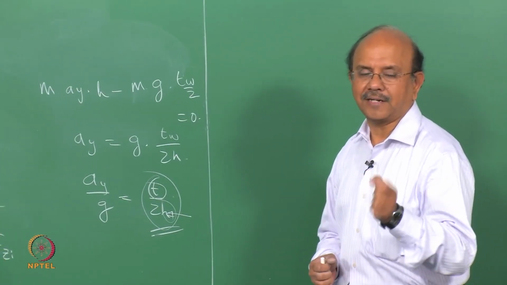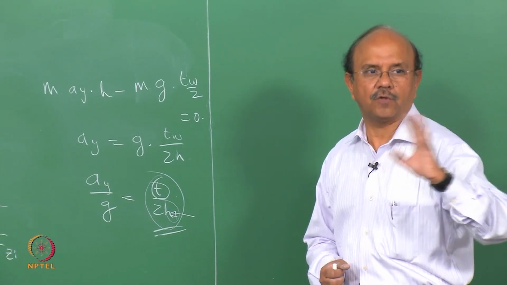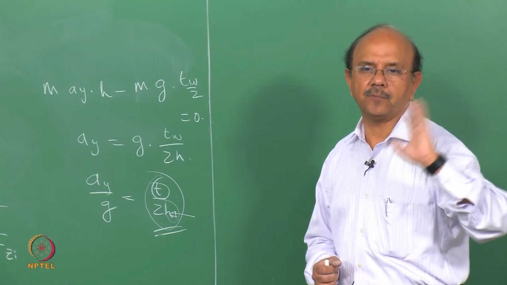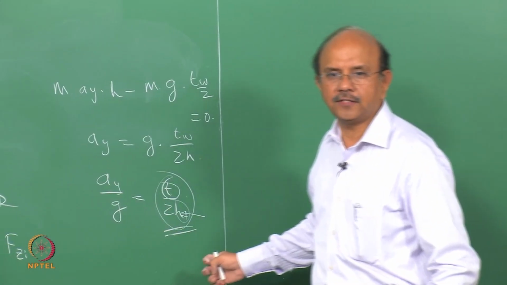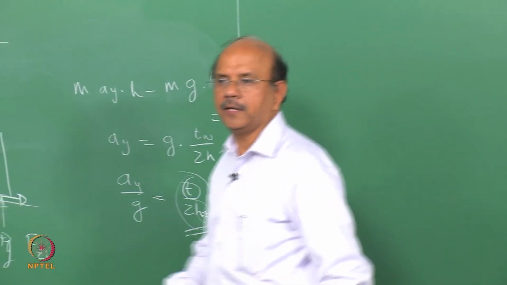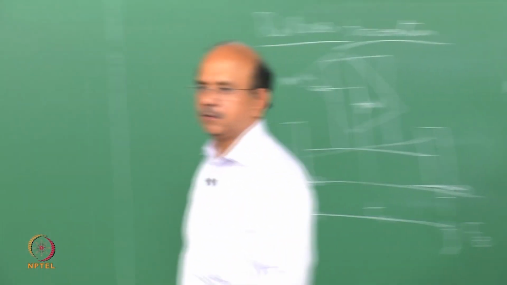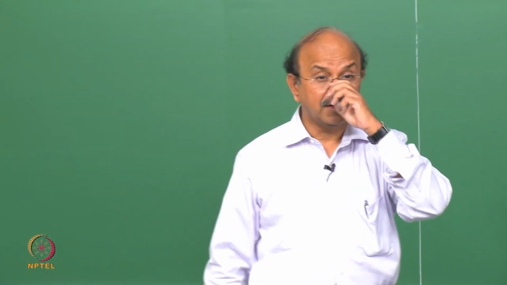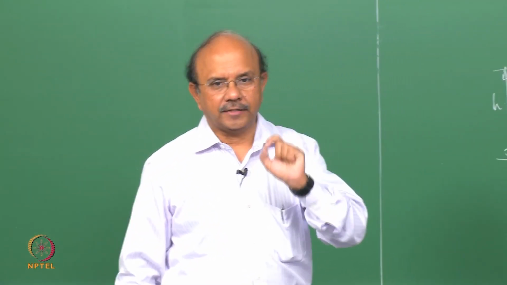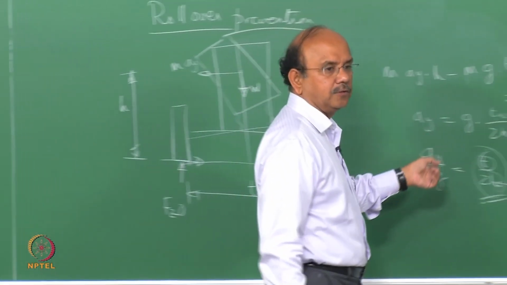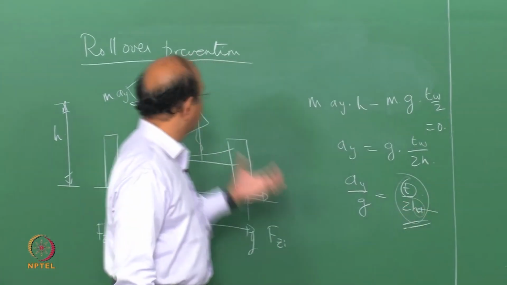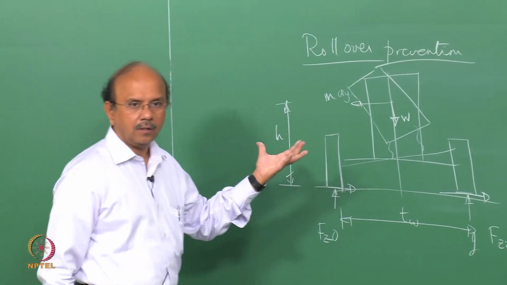The actual factor is usually less by about 25%. A number of these things are going to have an effect. There are at least 4 factors which have an effect. The major effect, maybe even 25, 30%, is because of this roll.